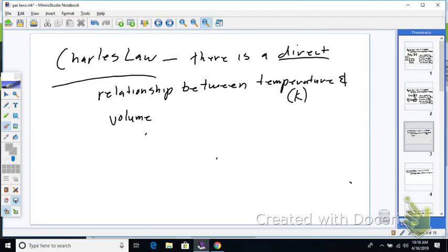So when I give you this formula, okay, it's going to be V1 over T1 instead of V1 and P1 times. This is direct, and so I'll explain why it's written like this.